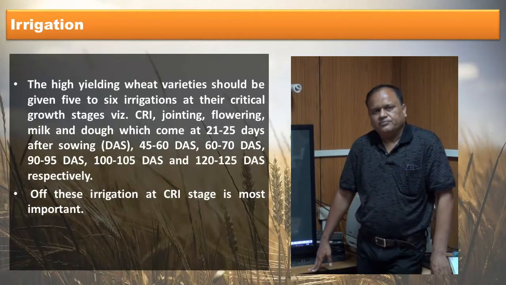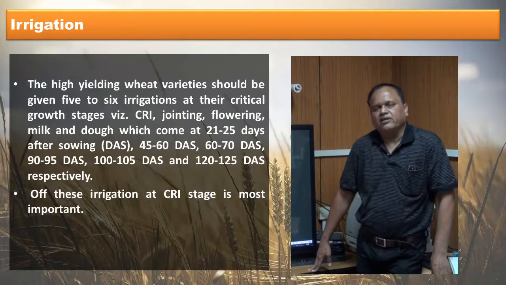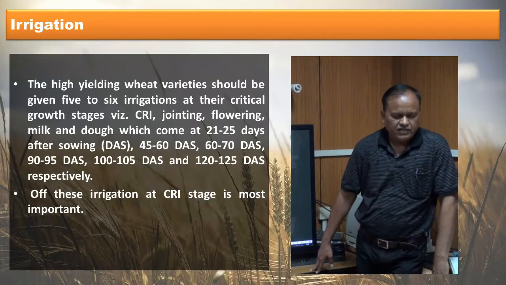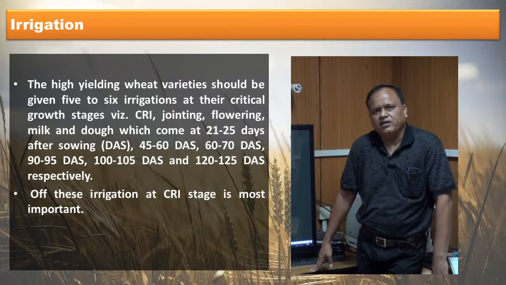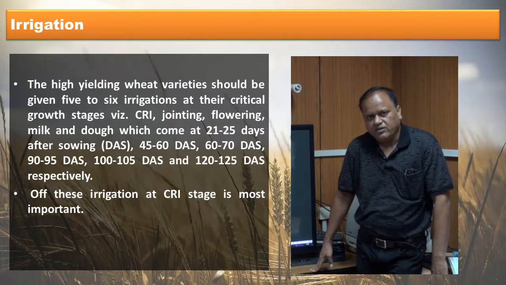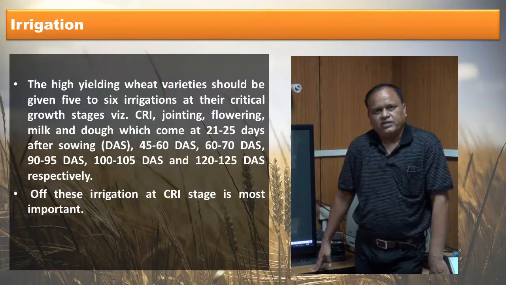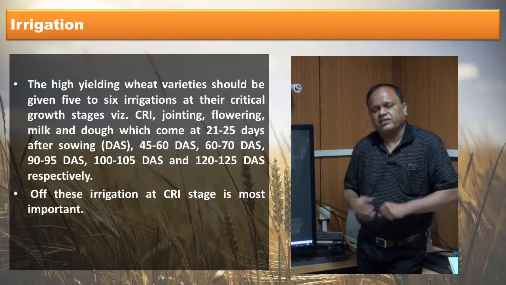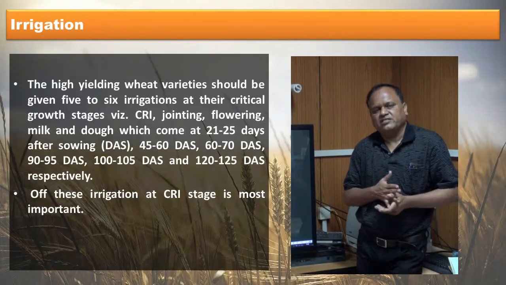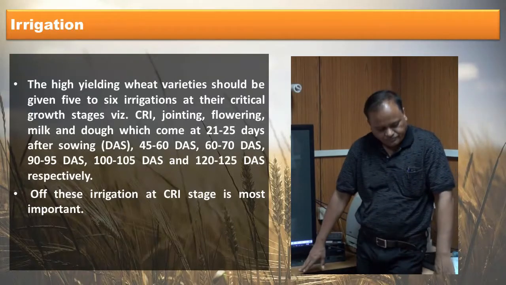So as far as irrigation is concerned, in India, Punjab, Haryana and Western UP and some parts of Eastern UP and Bihar and some parts of West Bengal and Rajasthan, canal irrigation is widely practiced, and there irrigation is fully available.